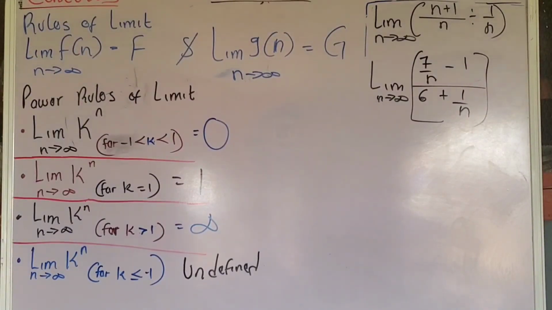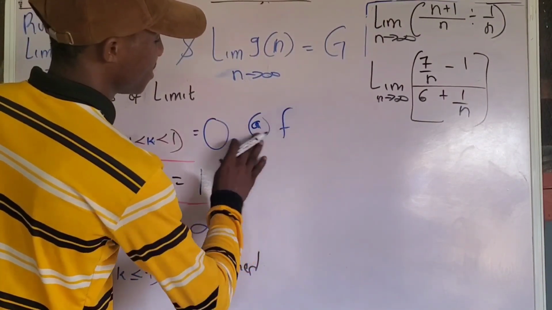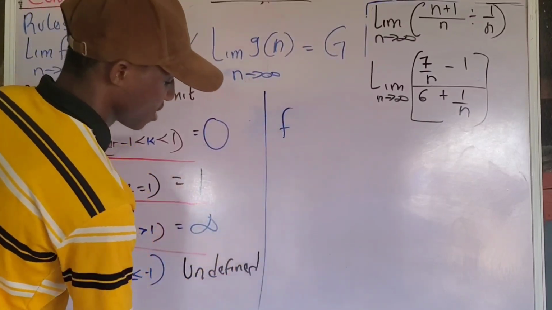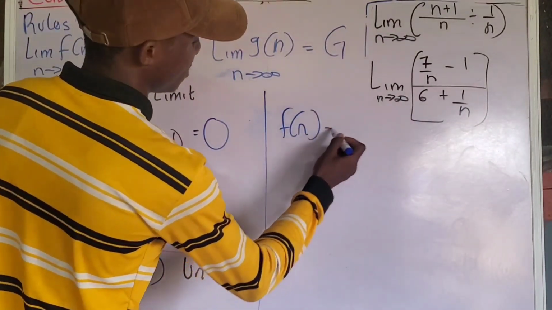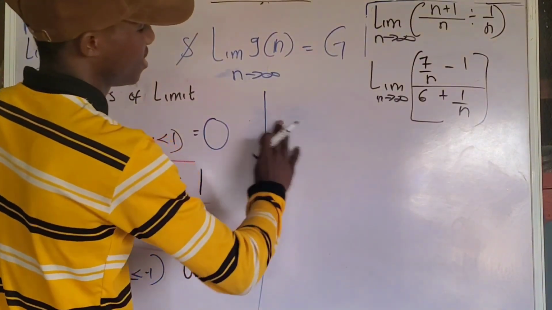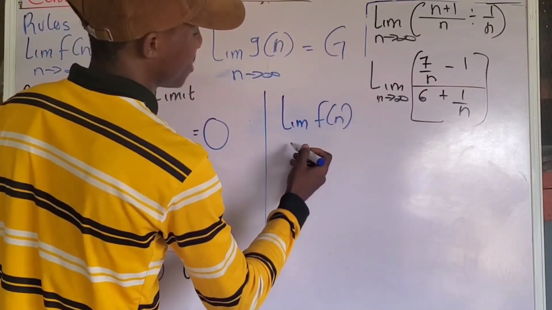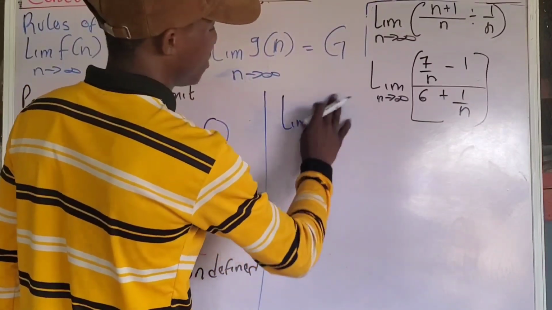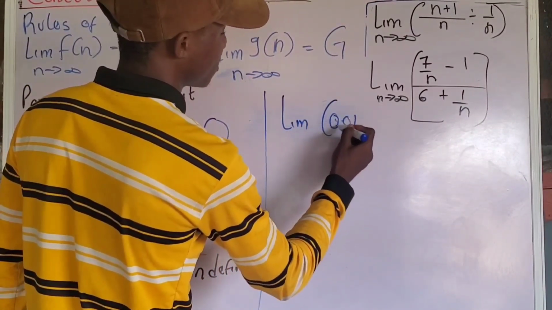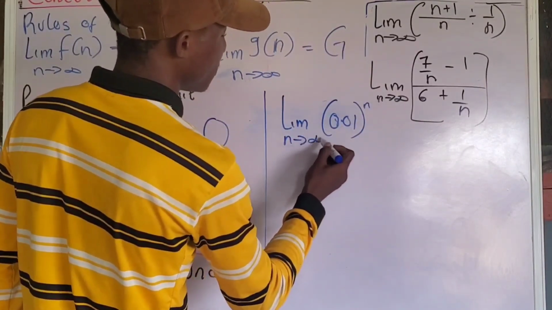Now let's say f of n, question 1. The limit of f of n, the limit of 0.01 to the power of n as n tends to infinity.